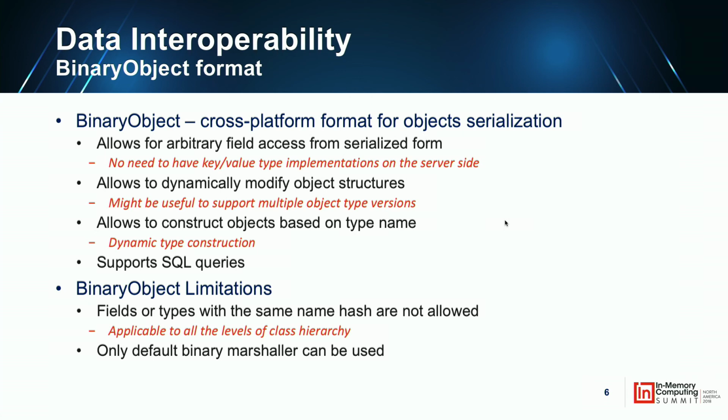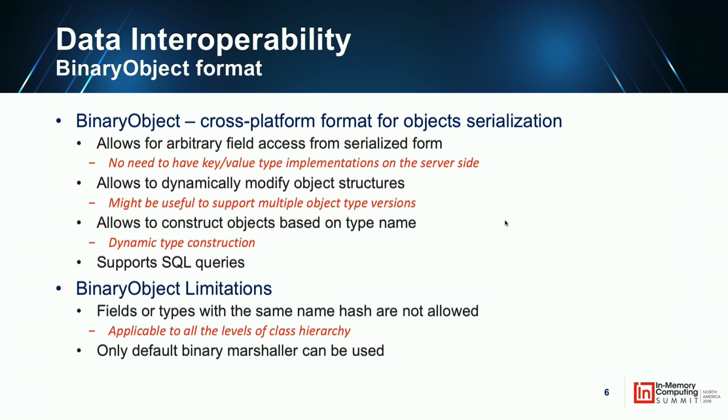So the binary object is a concept which has existed for a pretty long time. I think it was introduced in version 1.5, and it's actually a cross-platform format for object serialization. This format, and the binary object APIs, allow access to arbitrary fields in objects without full object deserialization, without decoding the full object.